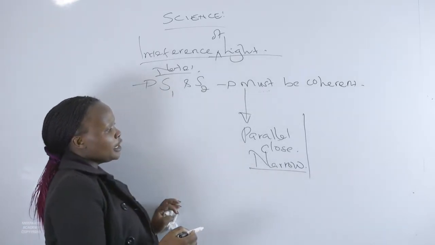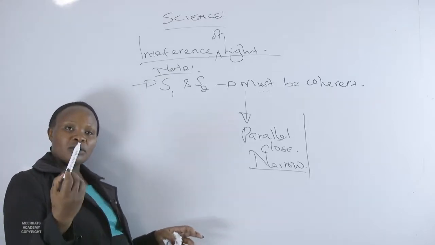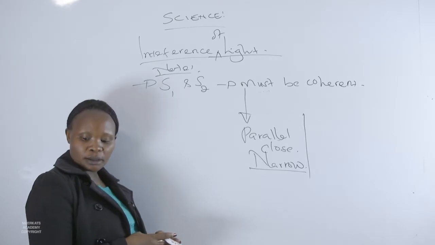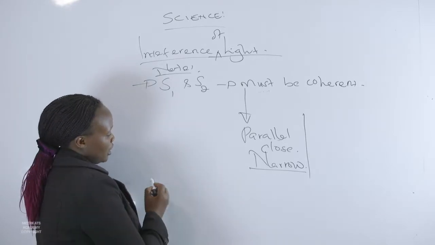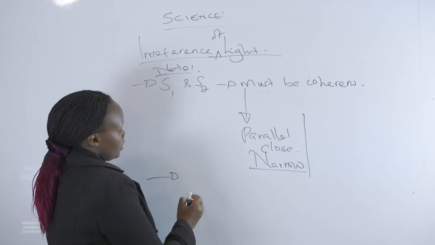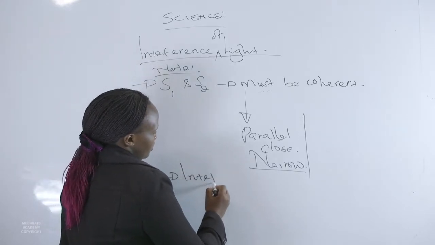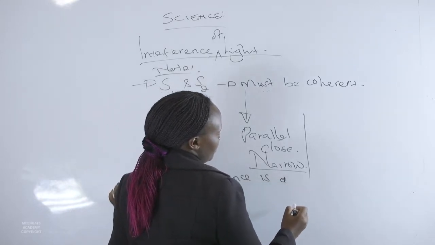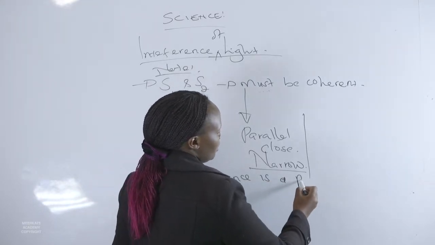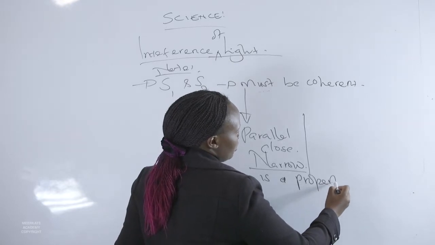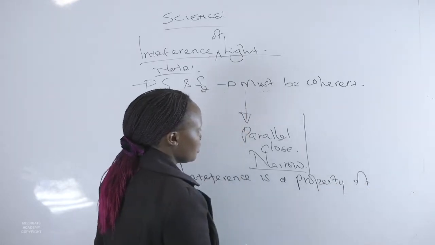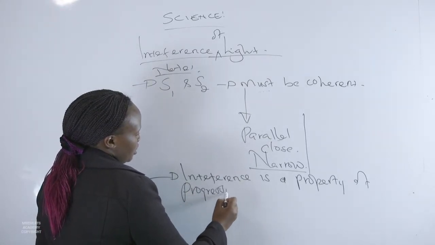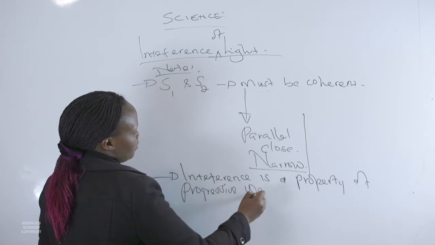Now, interference is only exhibited by waves that are progressive. It is actually a property of progressive waves.